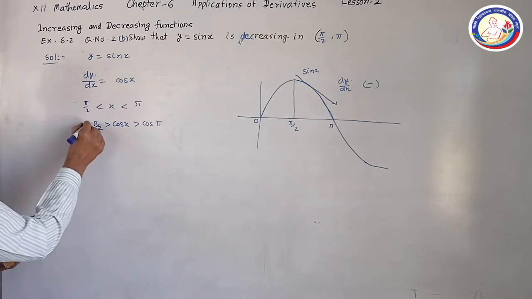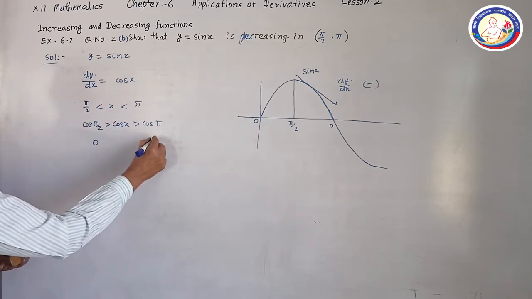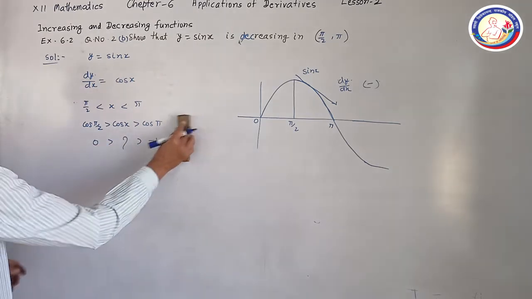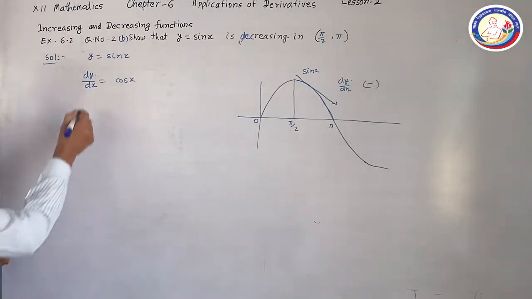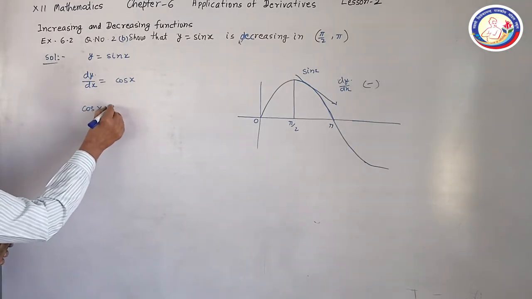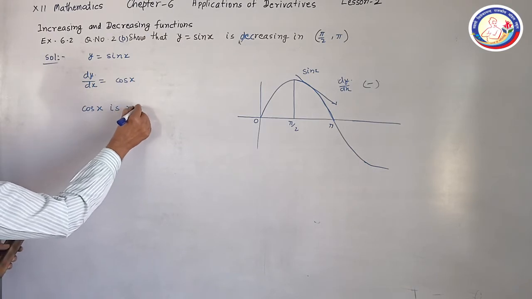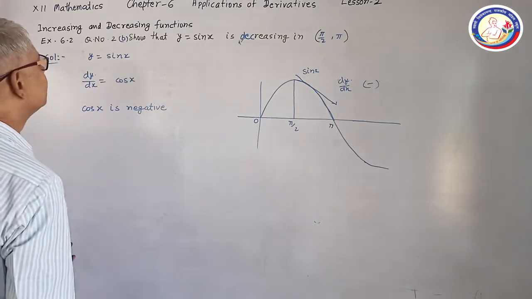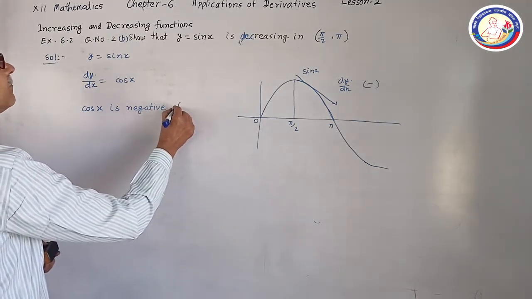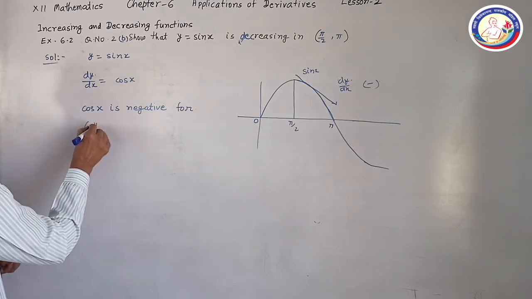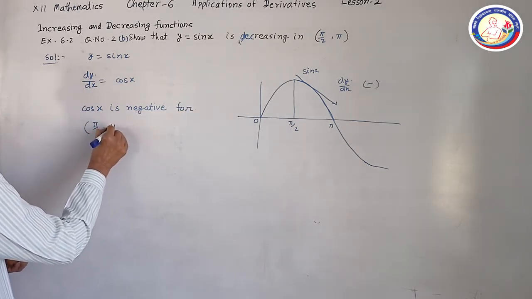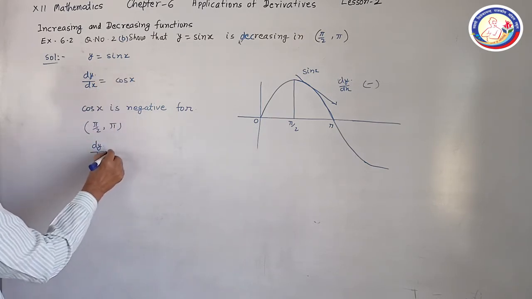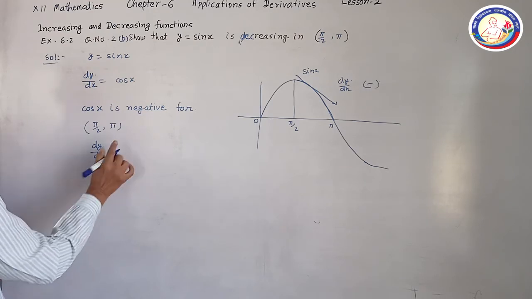Cos pi is -1, and cos pi by 2 is 0, so all values will be between these. So the value of cos x for x between pi by 2 and pi means the derivative is less than 0.